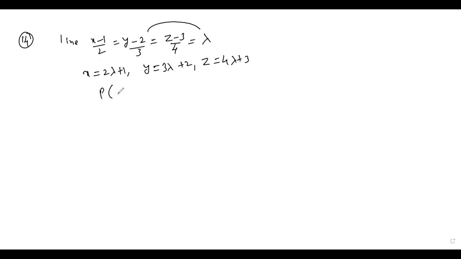Now this is a point P: 2 lambda plus 1, 3 lambda plus 2, 4 lambda plus 3. This also lies on the plane because at this point only both are intersecting. What is the plane given? 2x plus 3y minus z equal to minus 4. In the place of x, y, z, substitute in lambda. After getting lambda, we will get the point P easily.